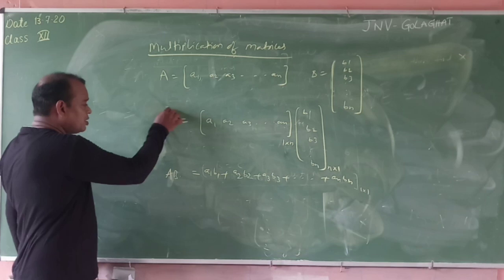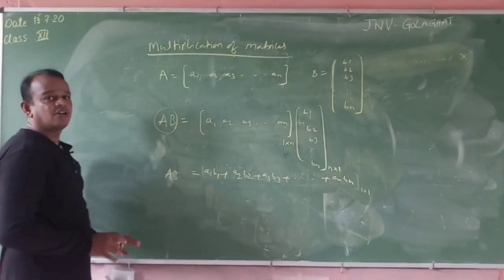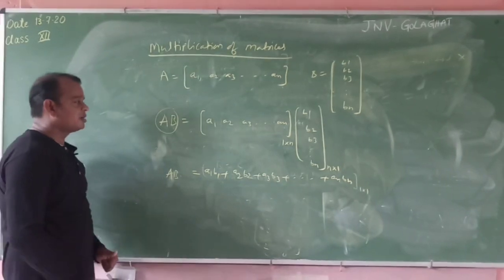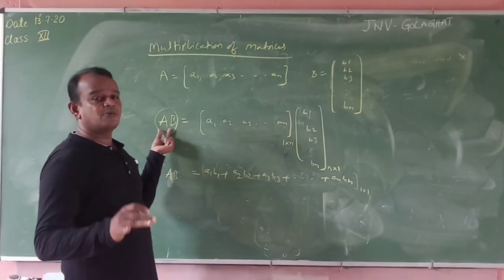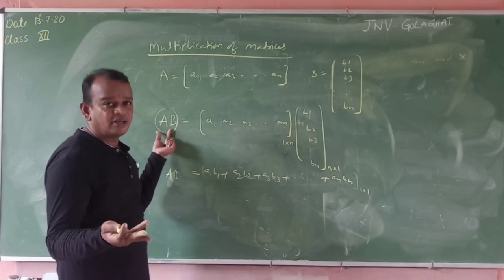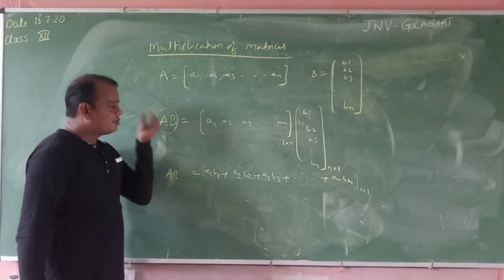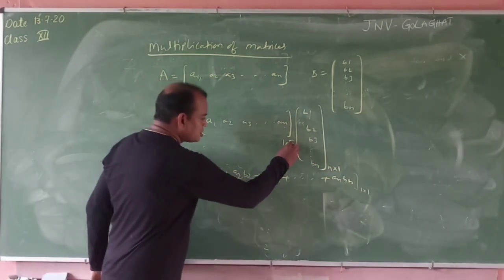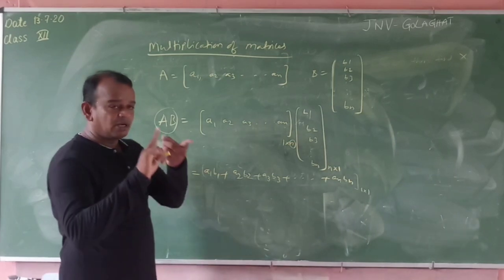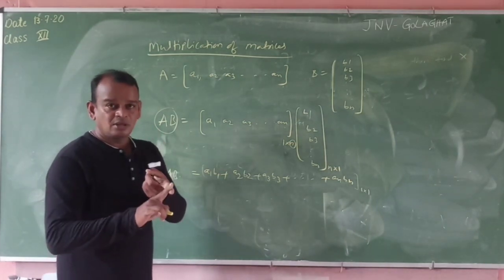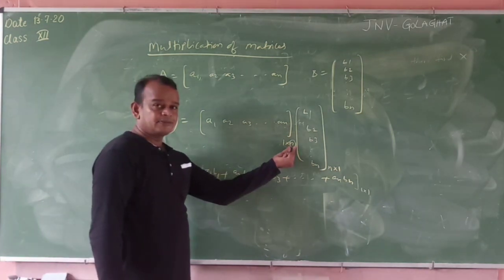Whenever the product is possible, the product is conformable. This is not always about A; for suppose X and Y, or B and C, whatever they may be. In the first matrix, we first observe the columns.